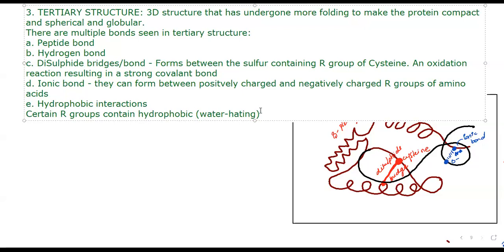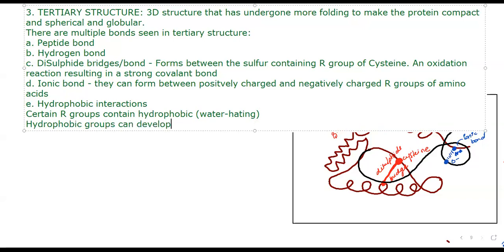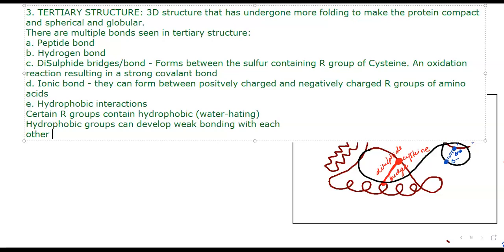These hydrophobic groups can develop weak bonding with each other. If you remember when I told you about lipids, the hydrophobic tails would all point towards each other. So they can develop weak bonding with each other so that they are all facing the inside of the protein.